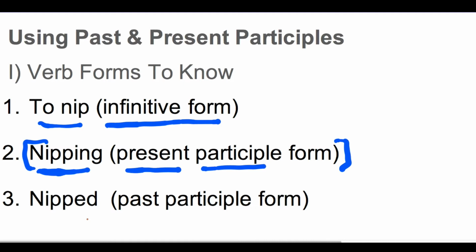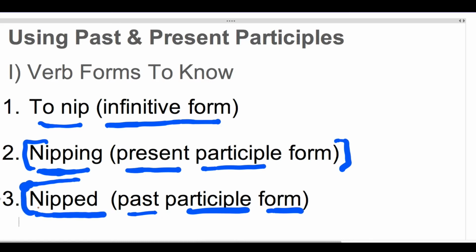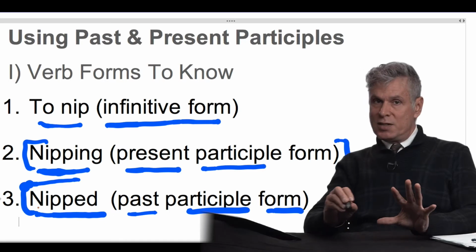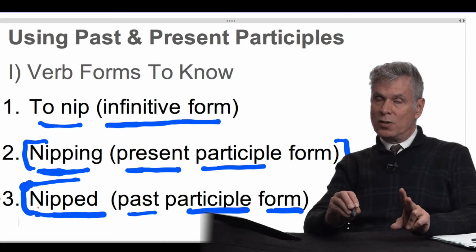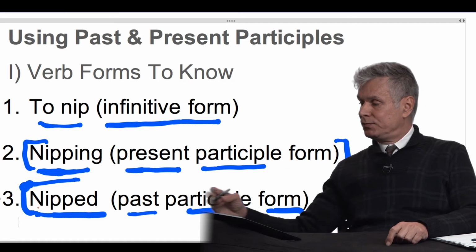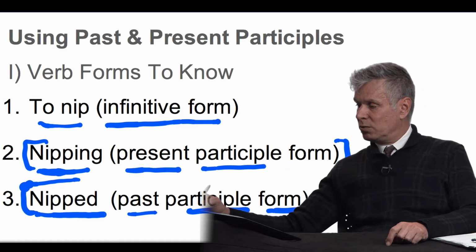Then the second one is the past participle form: nipped, or slept, or drank, or cheated, or robbed. And depending on the sentence, you're going to use either the present or the past participle. So let's see a couple examples.